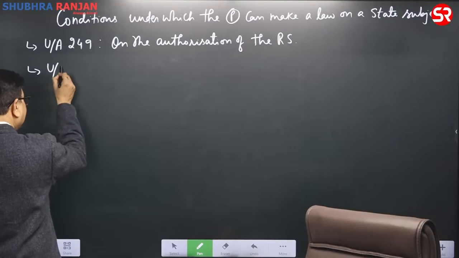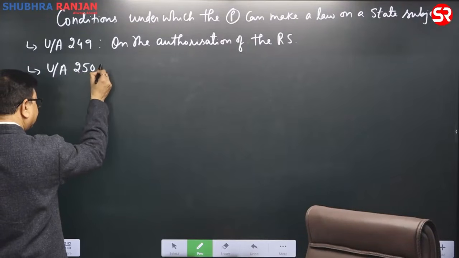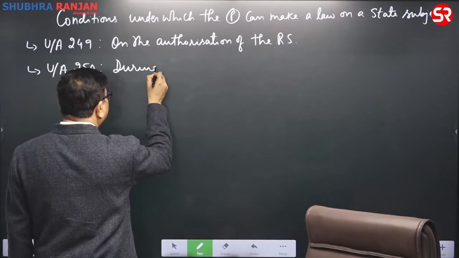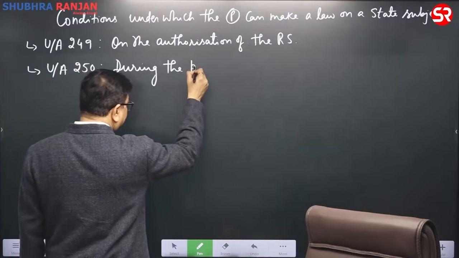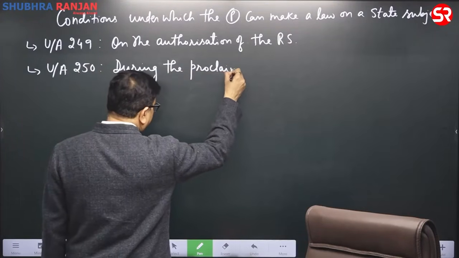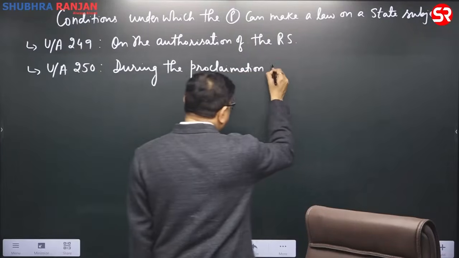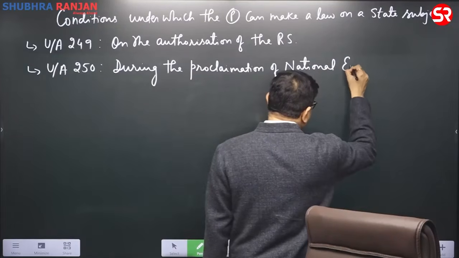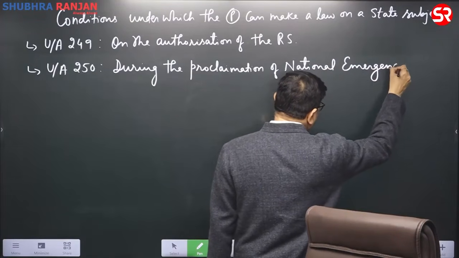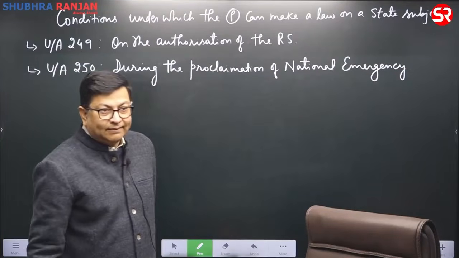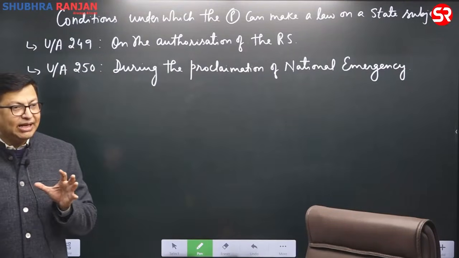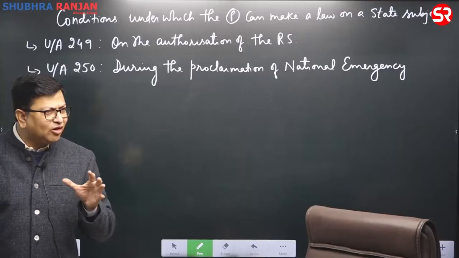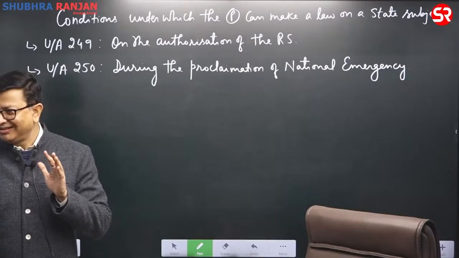Then under Article 250, during the proclamation of national emergency, so when the national emergency is proclaimed in the country, at that point of time the parliament assumes the power of making laws on any subject in the state list.